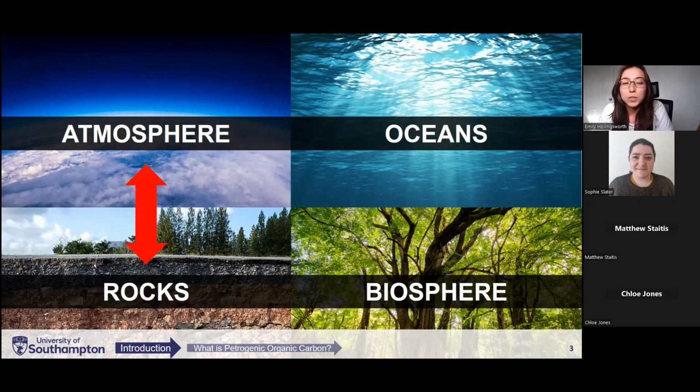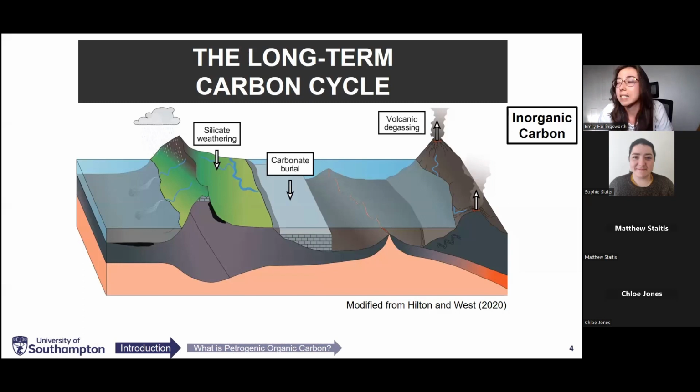But I think when most people imagine what they think of when they think of the long-term carbon cycle, this is the kind of textbook image that pops to mind. It's the CO2 that's being released through volcanic activity versus this CO2 that's been sequestered and drawn down via silicate weathering or carbonate burial.